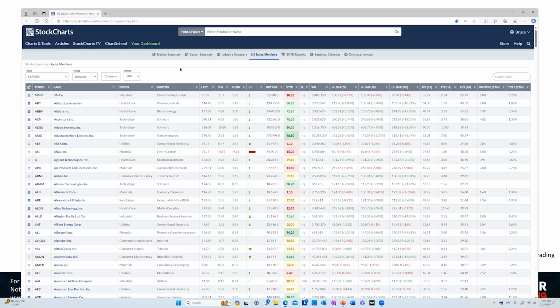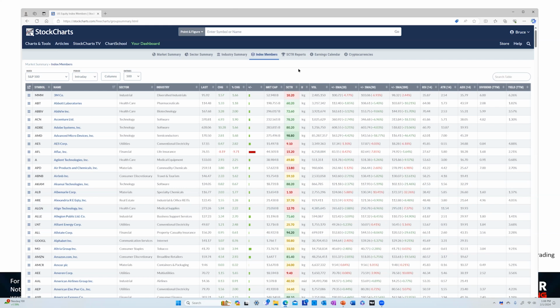Now, what's beautiful about this is it's such a labor-saving device, because you see this list is in alphabetical order by name. This is all 500 of the S&P 500 stocks.